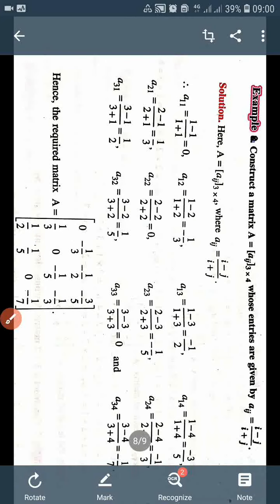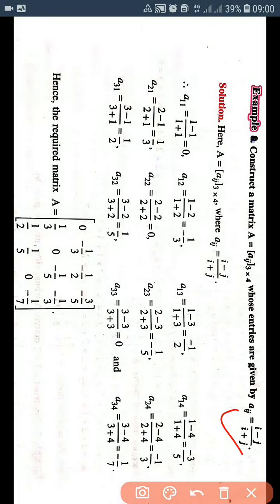Now, next example. Construct a matrix of order 3 by 4 whose entries are given by aij equals (i minus j) upon (i plus j). i indicates the row, j indicates the column. 3 by 4 means 3 rows and 4 columns.